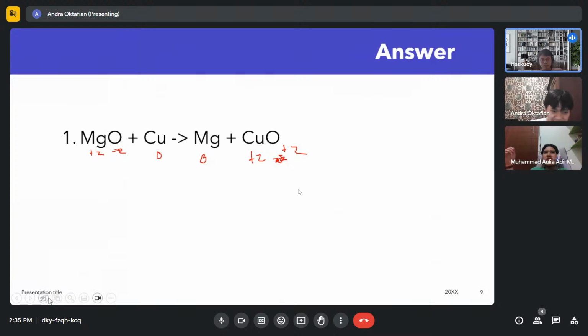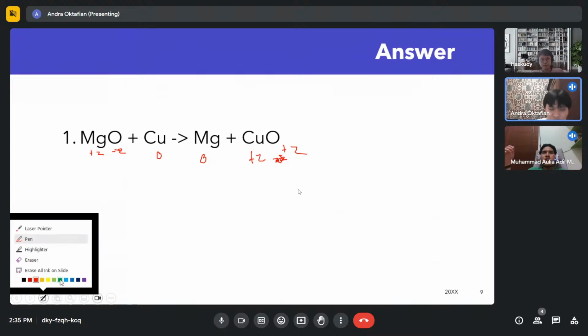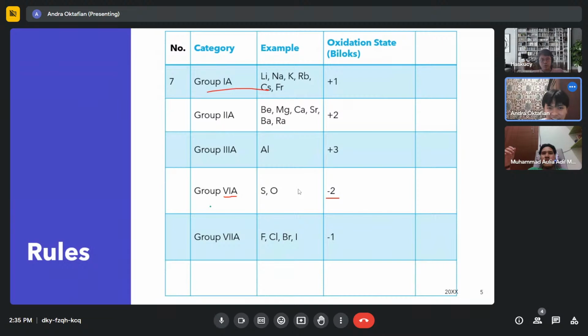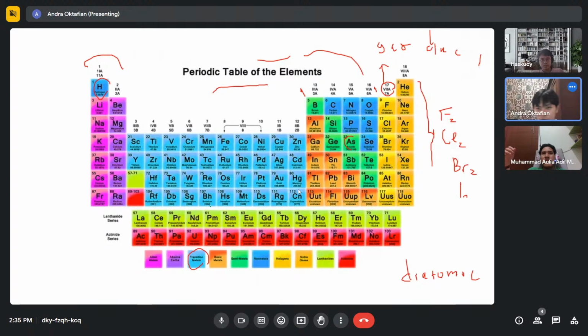Cuprum, mercury, right? What is cuprum? Is it mercury? It is actually copper.